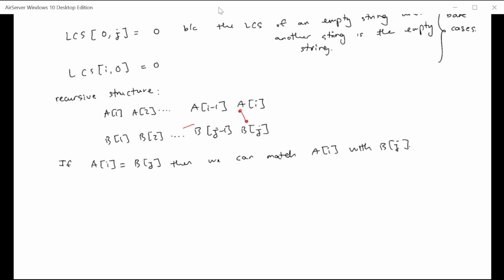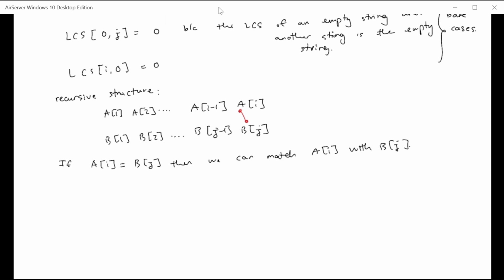Okay, so then the longest common subsequence would be... and it doesn't make sense to ignore both Ai and Bj, right?